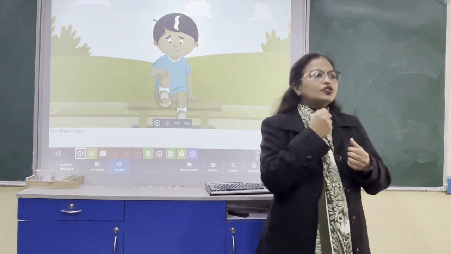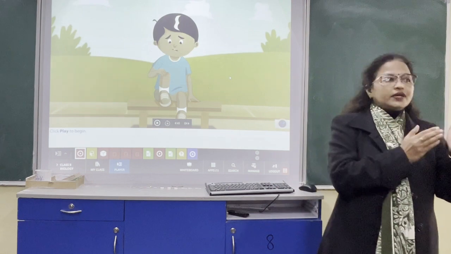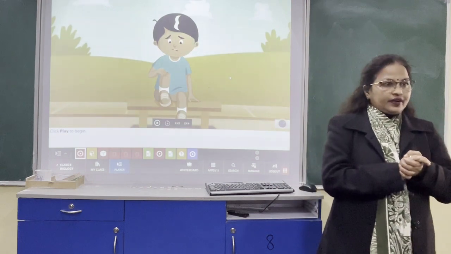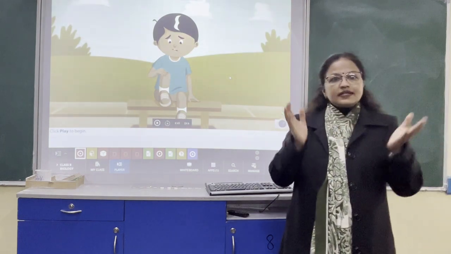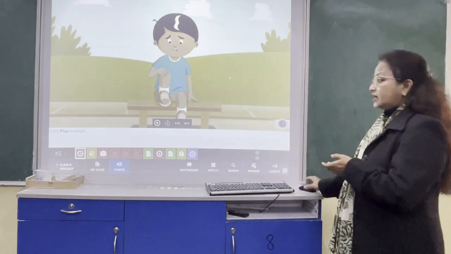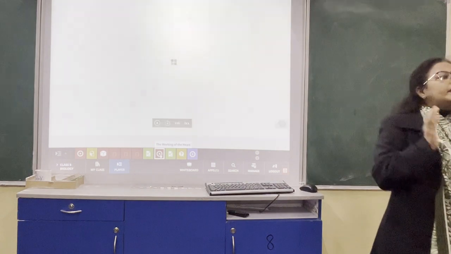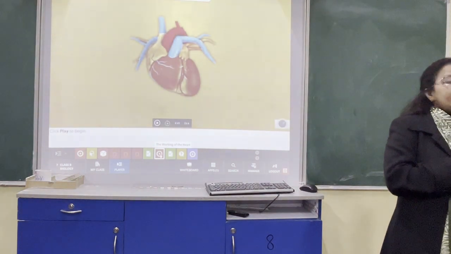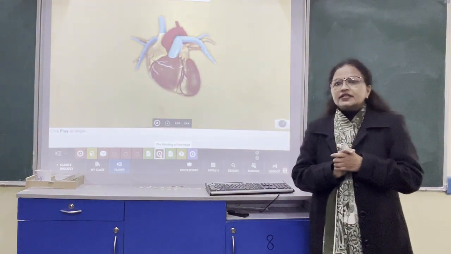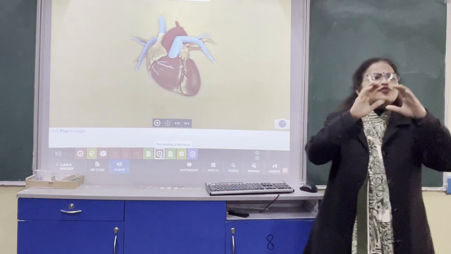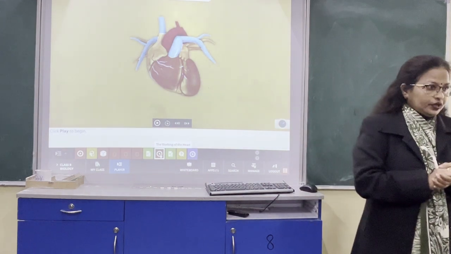So we hear the throbbing of the heart a little towards the left, right? And externally, our heart is protected by two membranes. Okay? Externally, our heart is protected by two membranes. It's forming a sac-like structure.